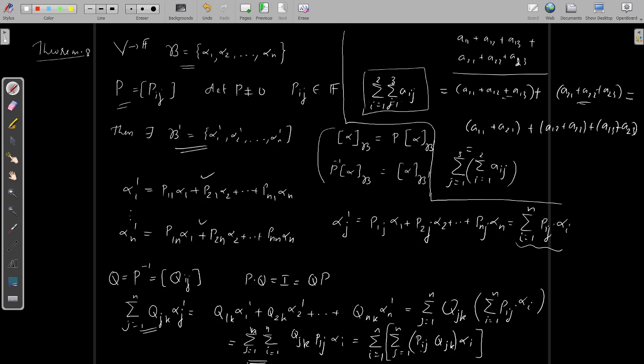So when you write this in this manner, you can say that this is actually a linear combination of alpha i. When you expand the summation, you can write something times alpha 1, something times alpha 2, and so on, something times alpha n.